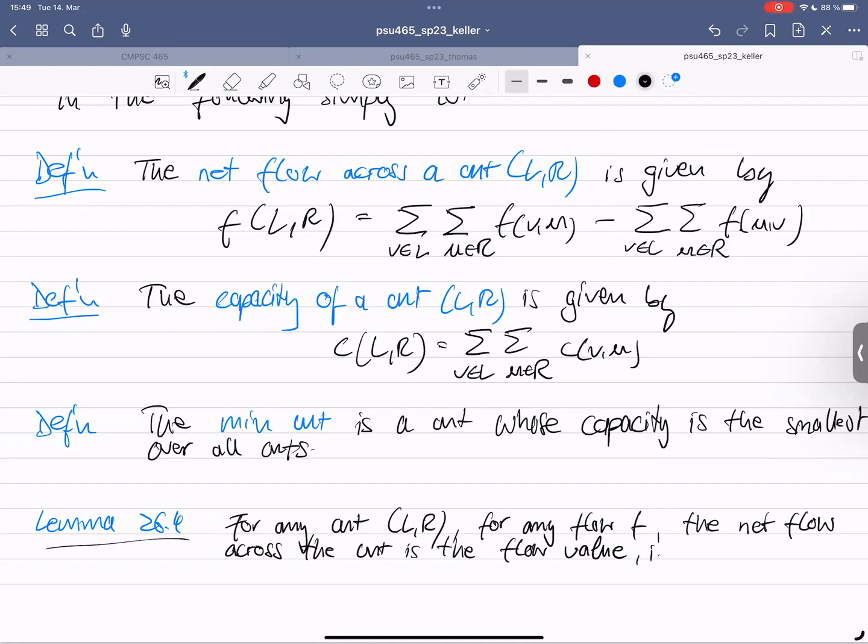Meaning, more formally, that f of LR is equal to the value of f.